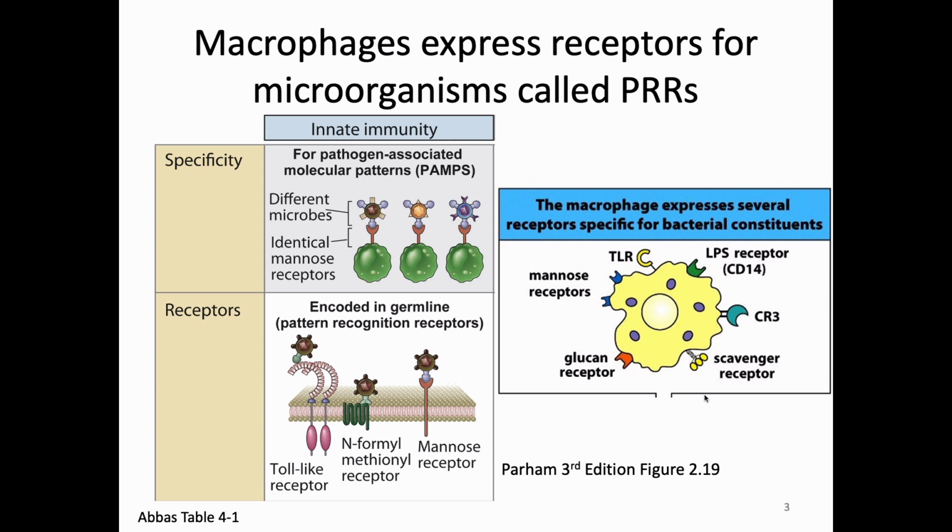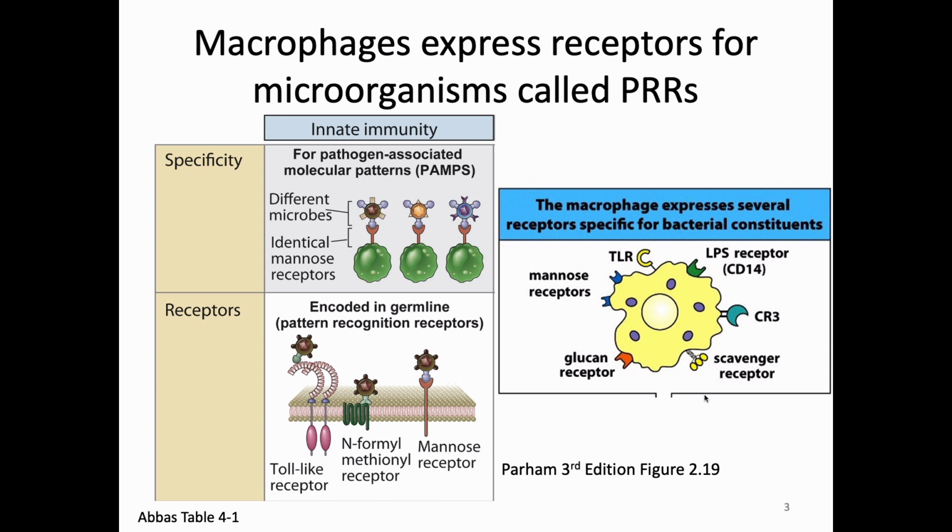So here you can see 3 different microbes, and you can see that they all have the same little shape. I don't know what you call that shape. Even though there's 3 different microbes, the same receptor can detect all of them. So you don't have to have a huge number of these receptors to be able to detect a huge number of microbes.